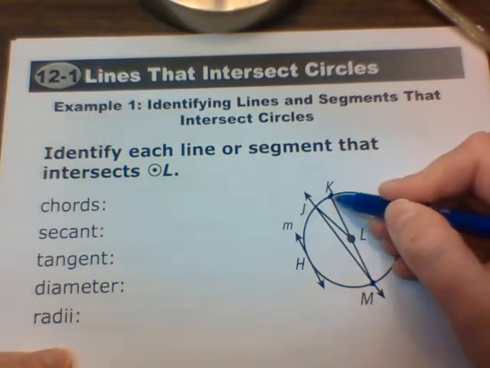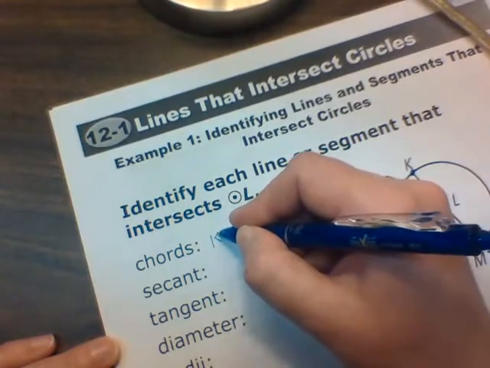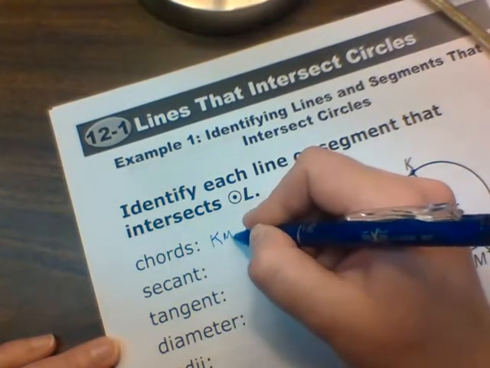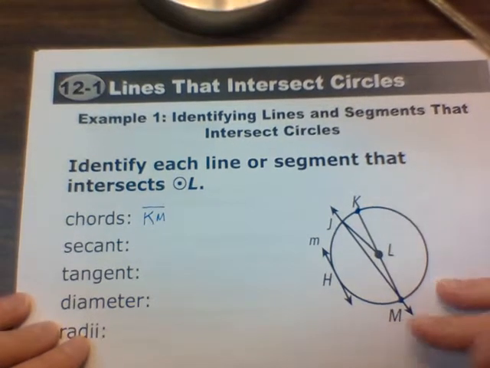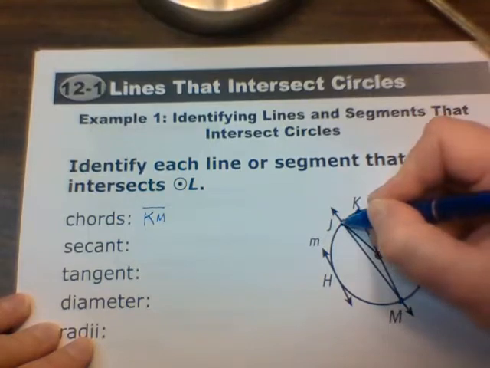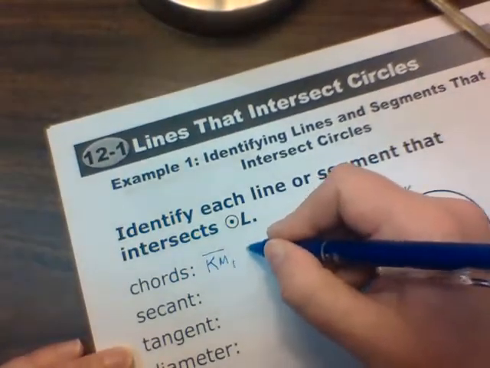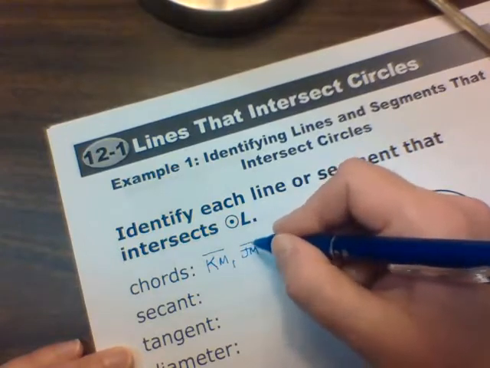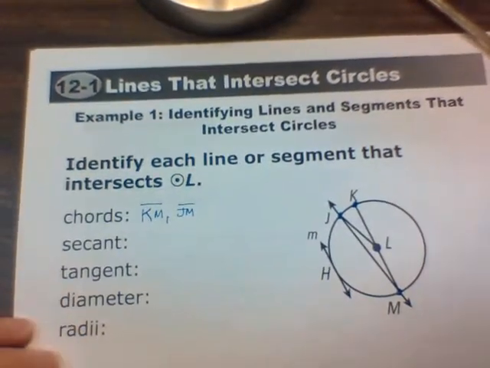So in this case, I've identified that KM could be a chord, and of course chords are segments, so we just put a segment above it. Other than KM, we also have JM, that is a straight line. So JM is also another option. And then of course, MK and MJ backwards if you wanted those as well.